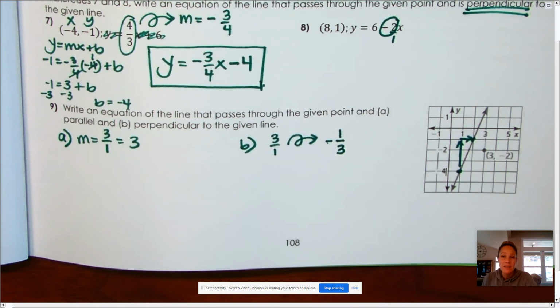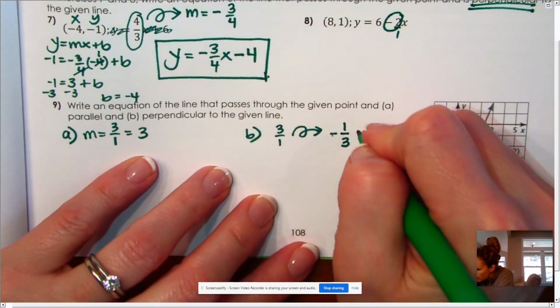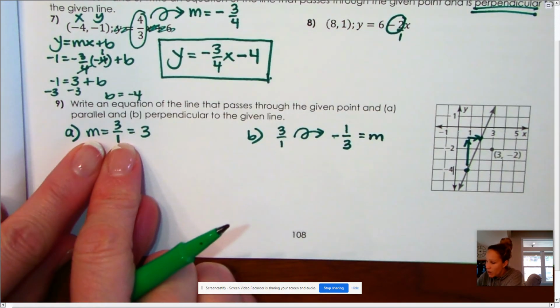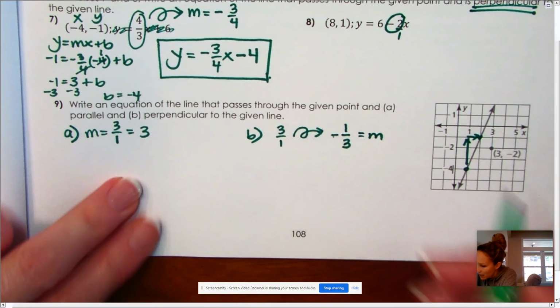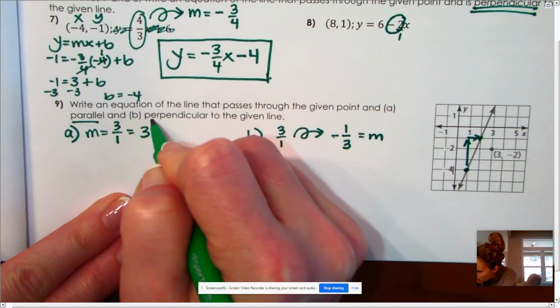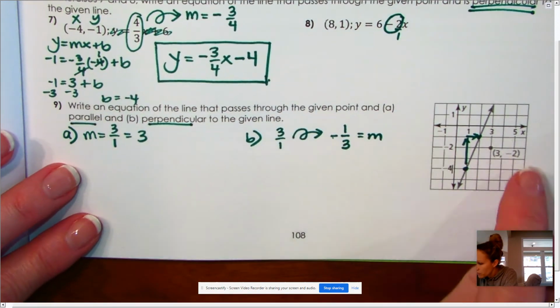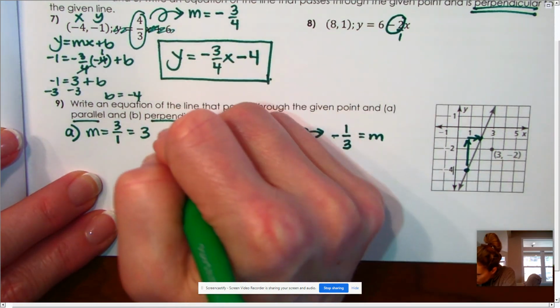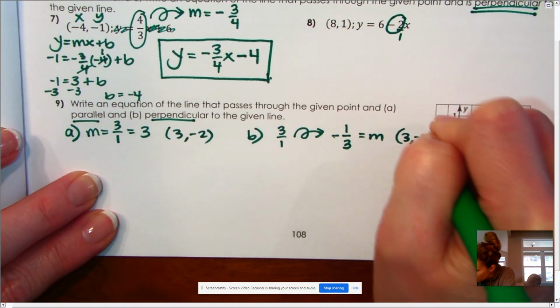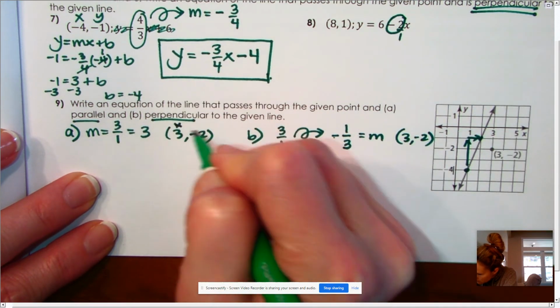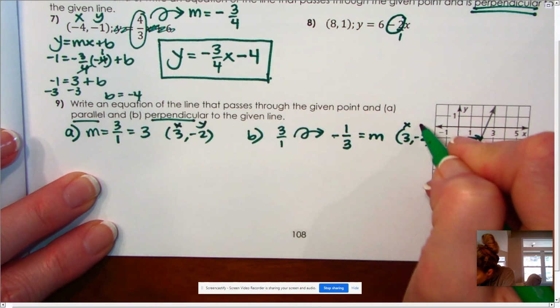All right, so that's my new slope. This equals m. So this is if it was parallel to the line. This is if it's perpendicular to the line. A parallel, B perpendicular. Then the other thing I need is just that point. I know that I have the point 3, -2 for both of those problems.